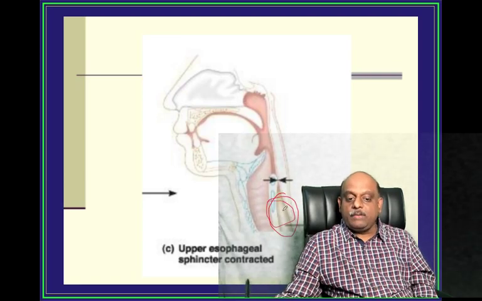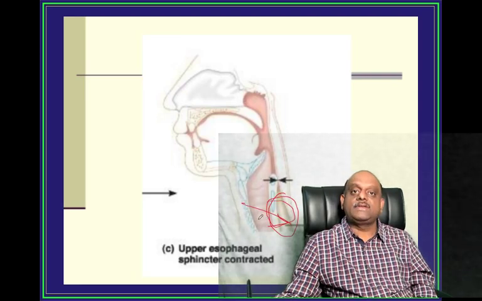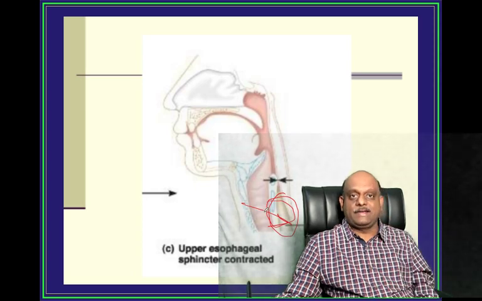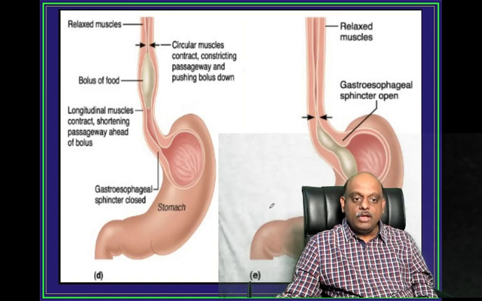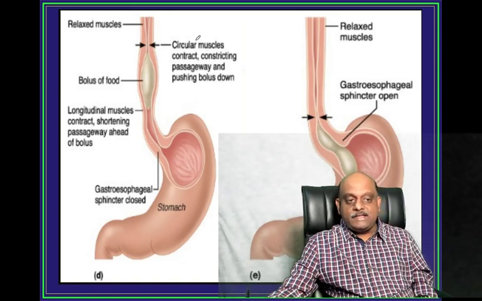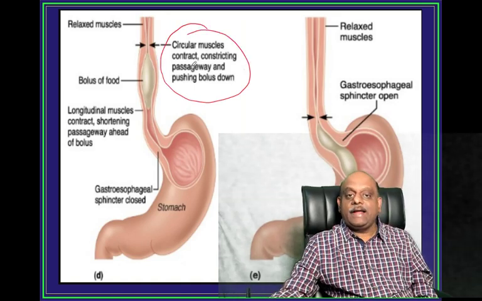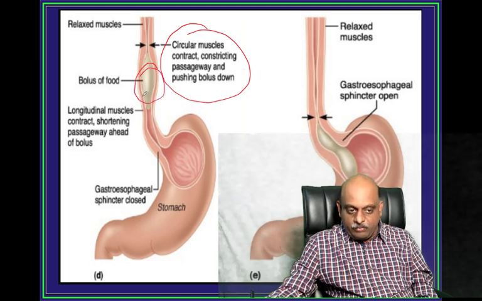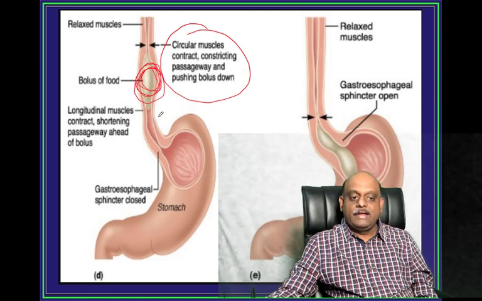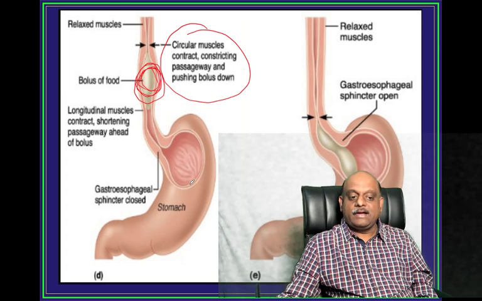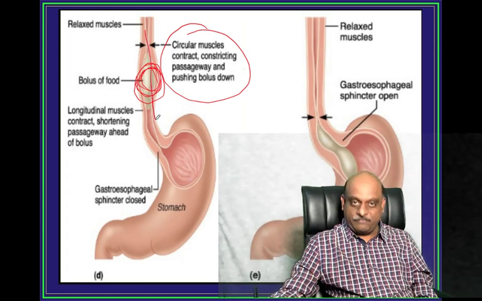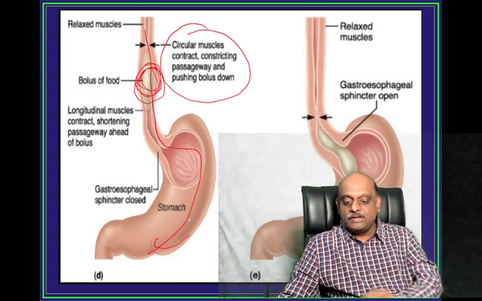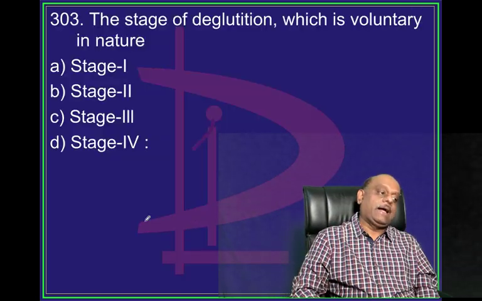So this is how the bolus has entered into the esophagus and is moving towards the stomach. So these are the circular muscles which contract, enabling the bolus of the food to enter, and the food passes from the pharynx into the esophagus and ultimately into the stomach.